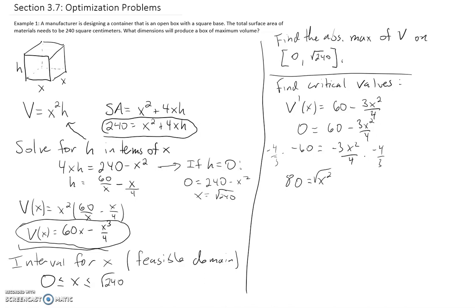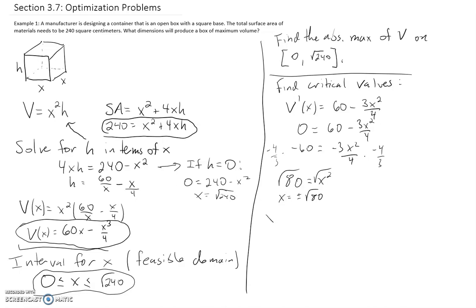Now we take the square root of this, and we see that x is going to be plus or minus the square root of 80. Obviously, we get two choices, but because our feasible domain is 0 is less than or equal to x less than or equal to the square root of 240, we know that only x equals the square root of 80 is the only critical value in our interval.